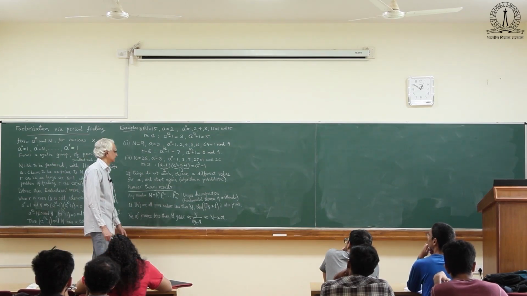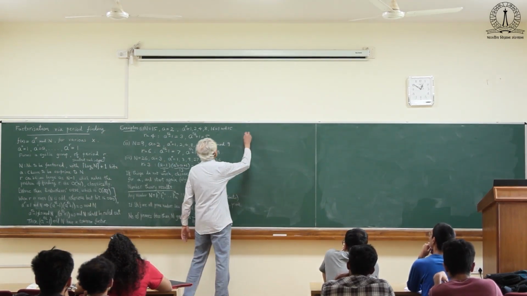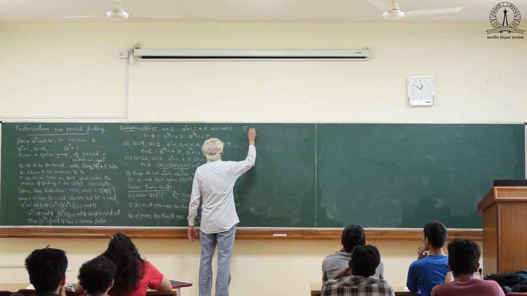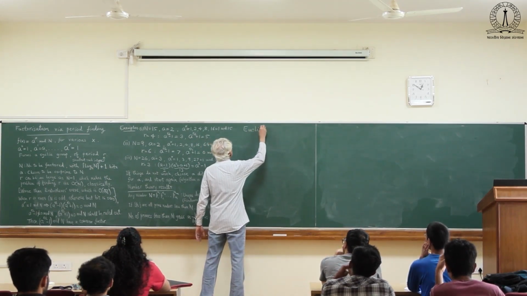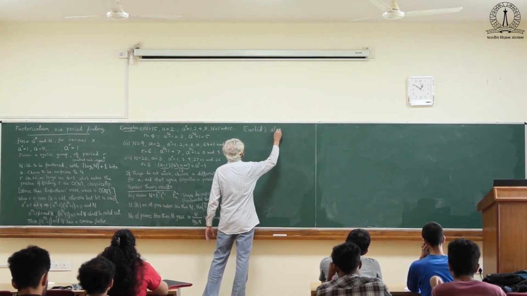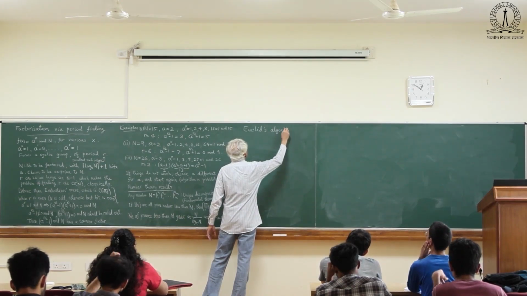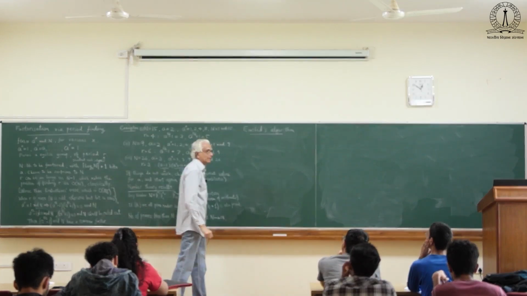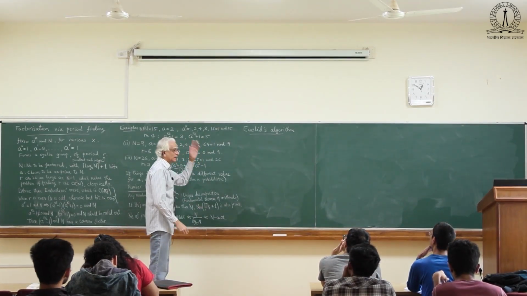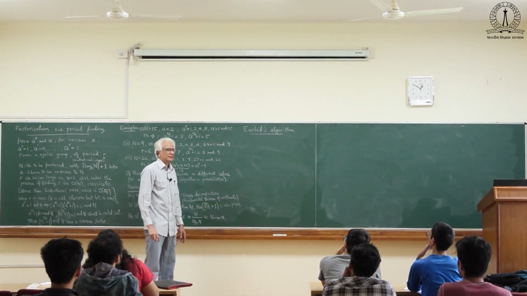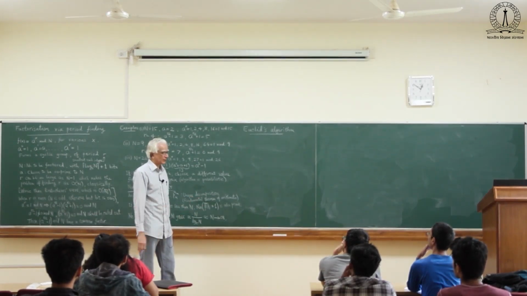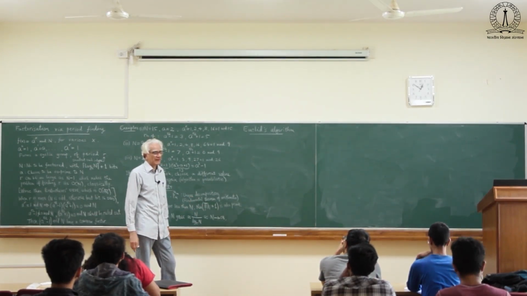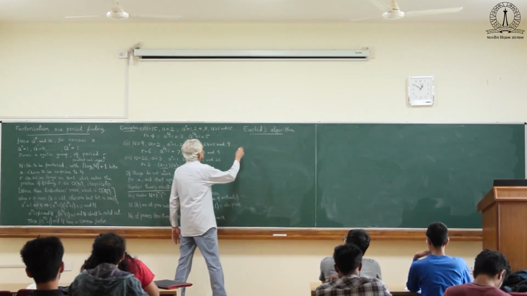And that is an algorithm which goes back to Euclid. Somehow I never learned this in school, though once you look at it, it is very simple. So what does it say?